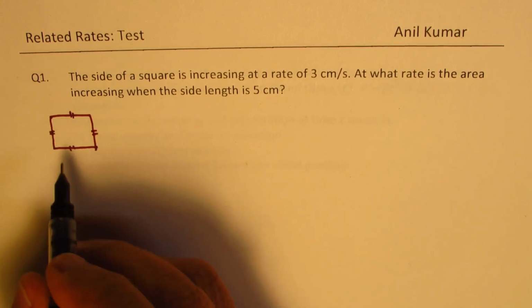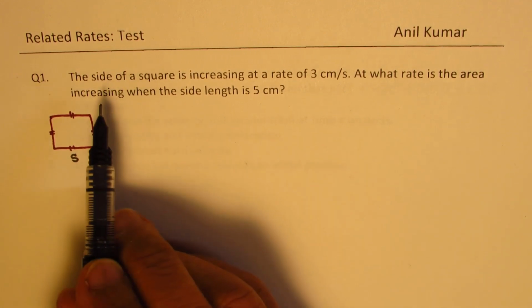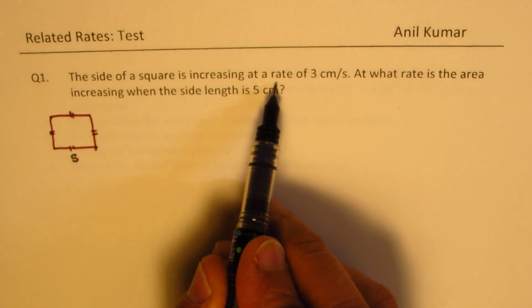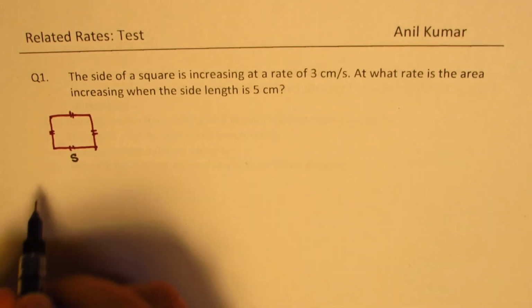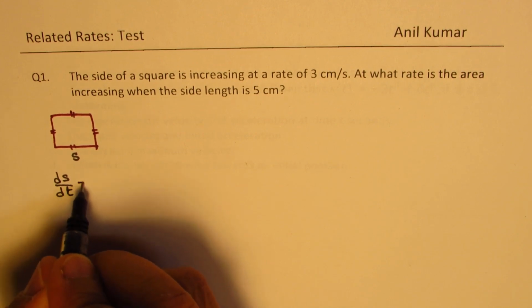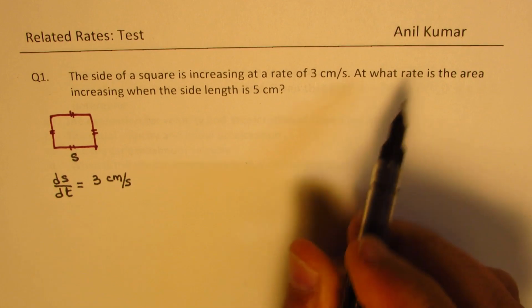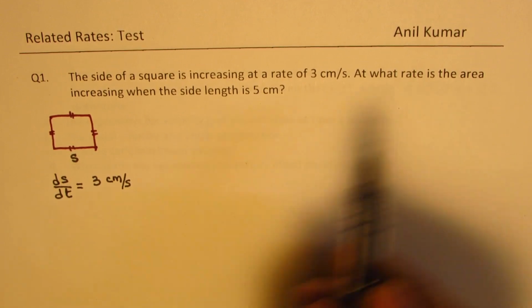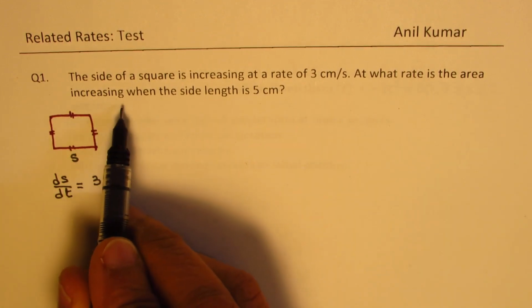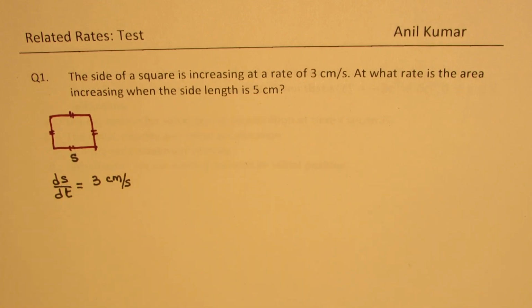So this is our square whose side lengths are s each. The side of a square is increasing at the rate of 3 centimeters per second. That means ds/dt is 3 centimeters per second, right? At what rate is the area increasing when the side length is 5 centimeters?